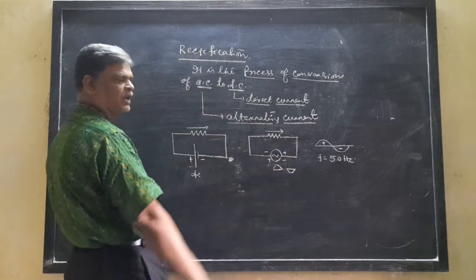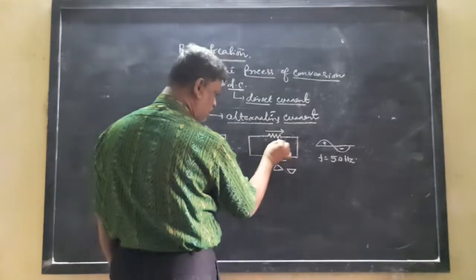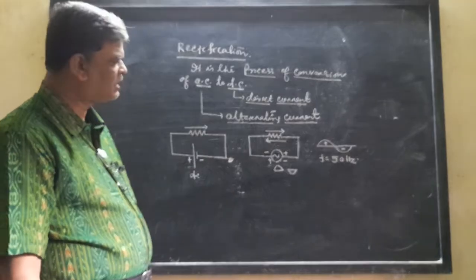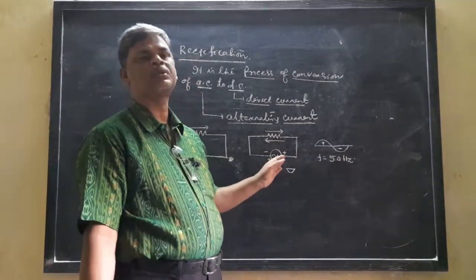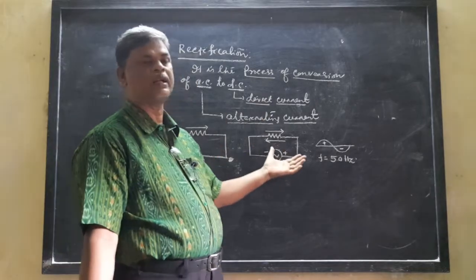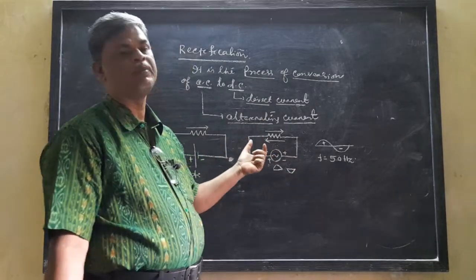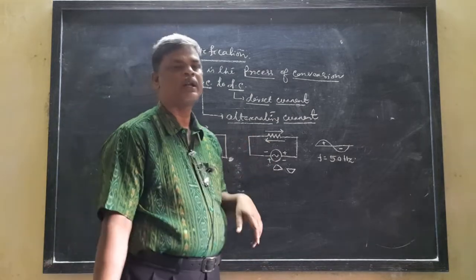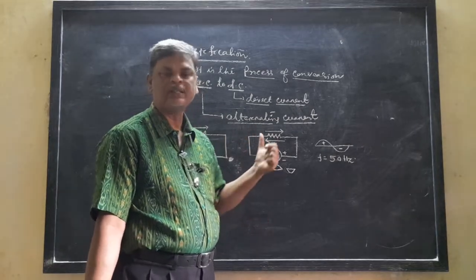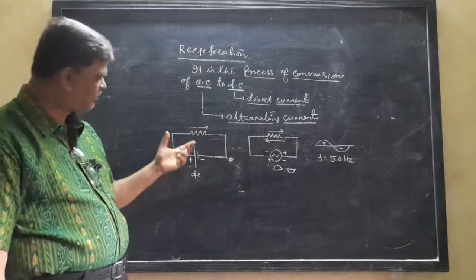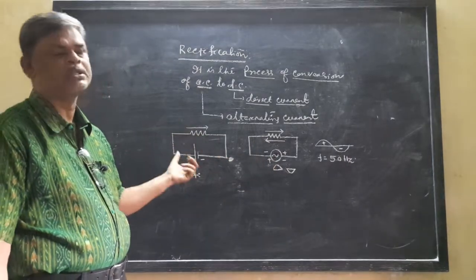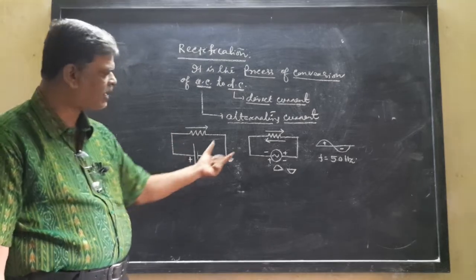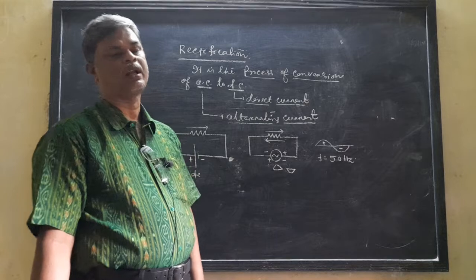We alternate the polarity, then the current flows in the opposite direction. That means the current in the circuit alternates in a definite period. This is alternating current. The current changes direction periodically, whereas in DC the current is always in the same direction.